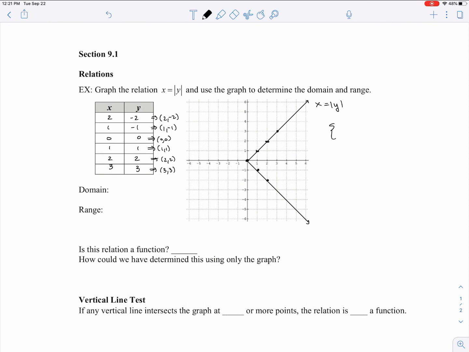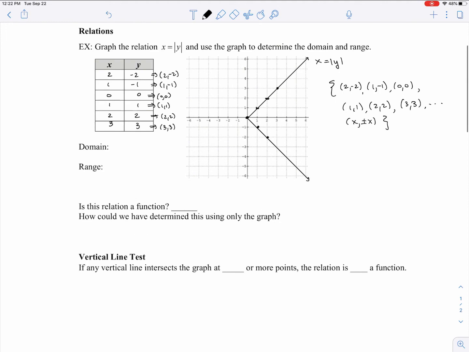These aren't the only ordered pairs; there are more ordered pairs involved here, dot, dot, dot. In general, x and plus or minus x is in the list. Whatever x is, you will get 2 points for each x value. And that leads us to answer this question down here before we talk about anything else.